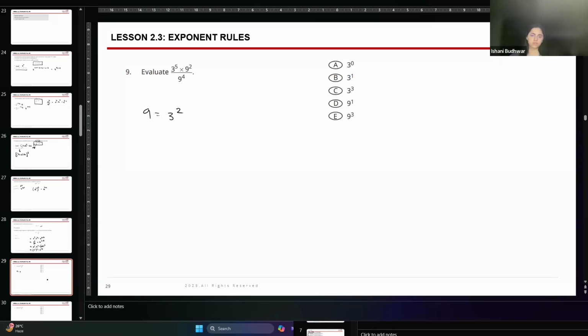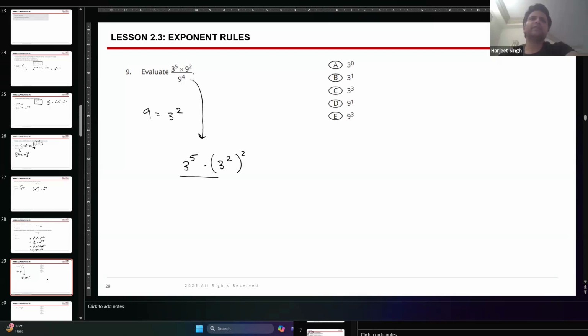So we can rewrite this expression as 3 to the power 5 into 3 square of that, divided by 3 square raised to 4, which is 9 raised to 4. So this becomes 3 to the power 5 into 3 to the power 4 divided by 3 to the power 8. So the answer is 3.